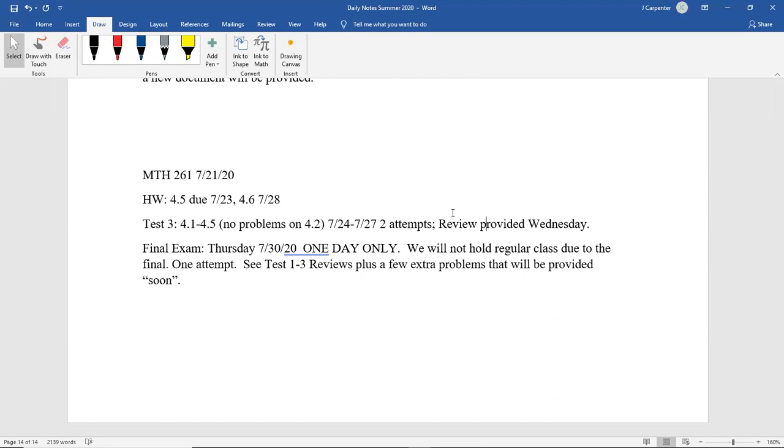So the final will cover everything that was on the first 3 tests, as well as integration by parts, improper integrals, which we'll go over next time, and multivariable calculus, mainly just multivariable derivatives. We won't really get into the multivariable integrations. So functions and multivariables, derivatives with multivariables, where you don't have to do implicit differentiation.